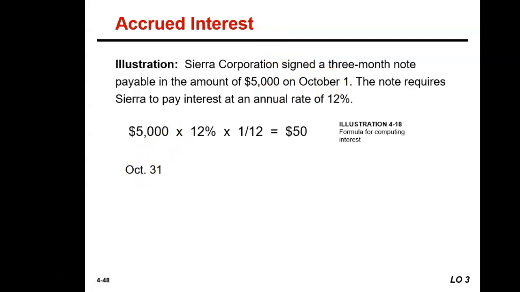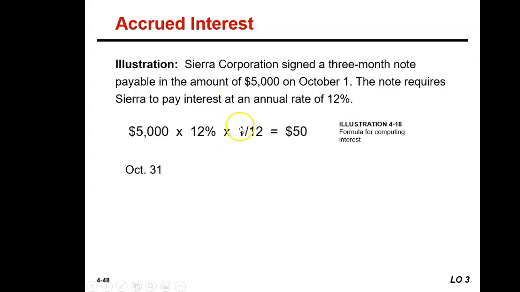So interest equals principal times rate times time. The principal amount is $5,000. The annual interest rate is 12%, but the time frame is 1 divided by 12. And that's because this 12% is the rate for an entire year.